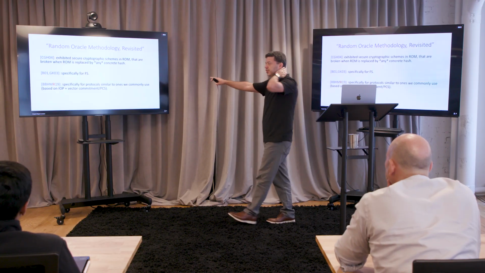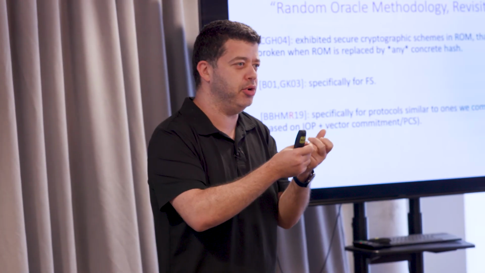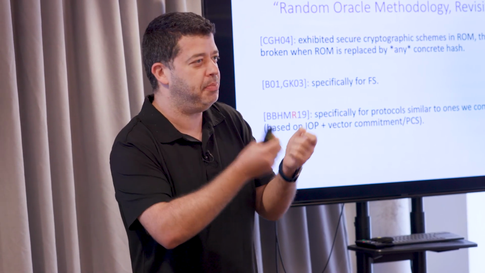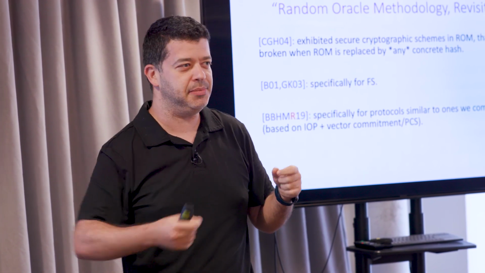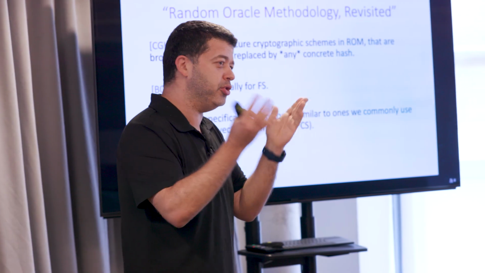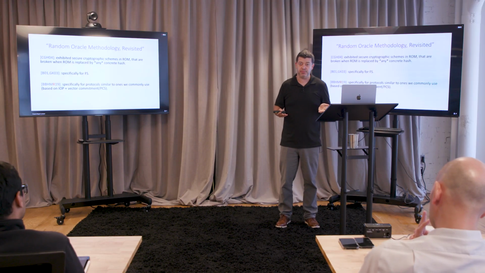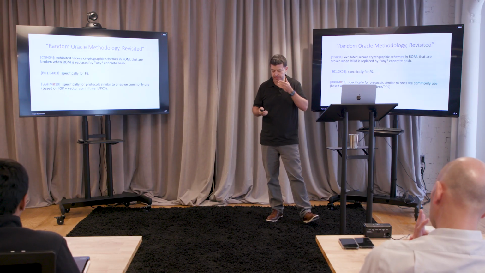So we had sort of two results here. One had a contrived IOP. I don't know if people are familiar, but a key underlying component of SNARKs is something called an IOP. We had a specific IOP for which the general methodology fails. That was one result, and the other result had a specific hash function for a Merkle tree or vector commitment that would make it fail. But again, we had a contrived component, so I don't think people were particularly worried about these attacks.